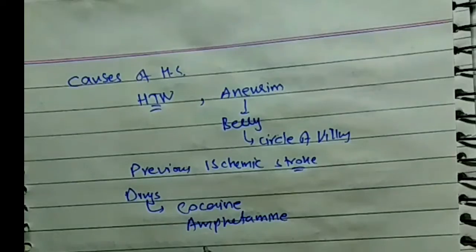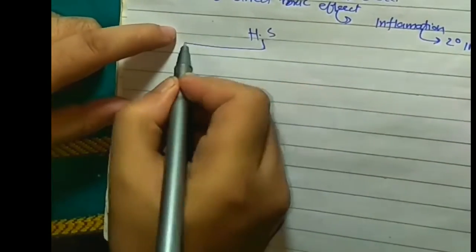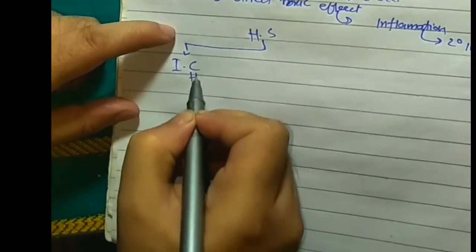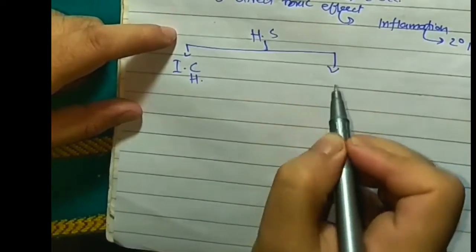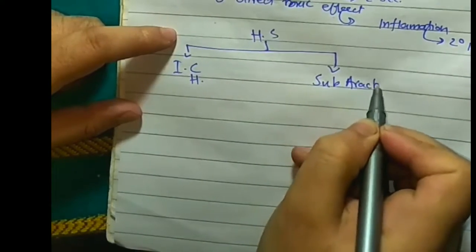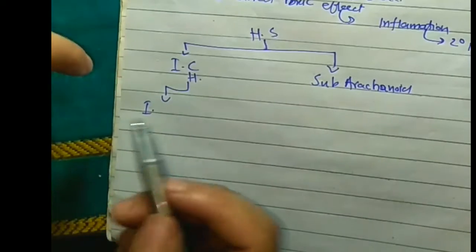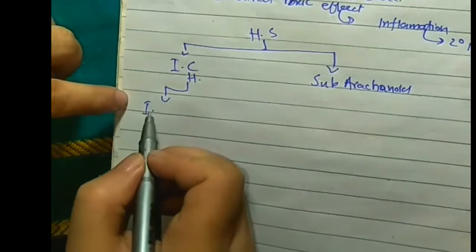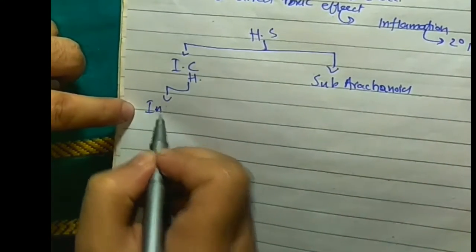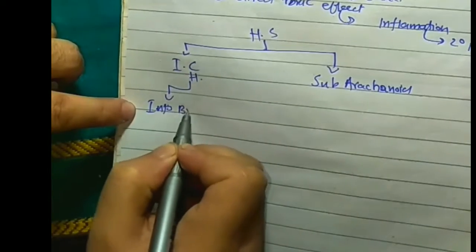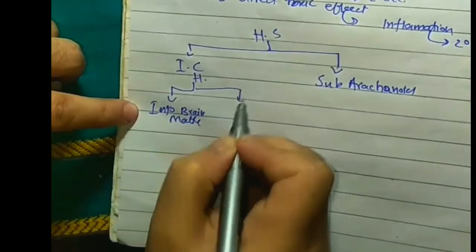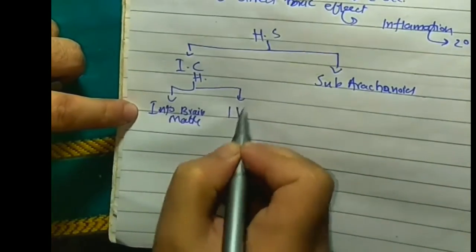Hemorrhagic stroke is divided into two main types. One type is intracerebral hemorrhage, and another is subarachnoid hemorrhage. We further divide intracerebral hemorrhage into two types: first, hemorrhage into brain matter, and second, intraventricular hemorrhage.